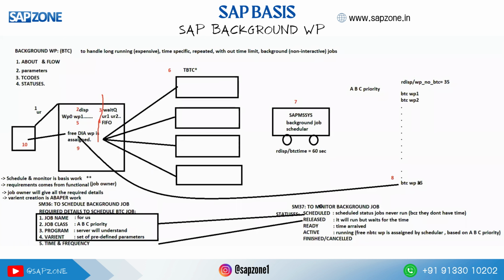In SM36 the required details are there, and here I have given some note points. In SM37 we can monitor the job. What will we monitor? Again, statuses: scheduled, released, ready, active, finished and cancelled. This is about the background work process. Theory is completed, and tomorrow I will take the practical.